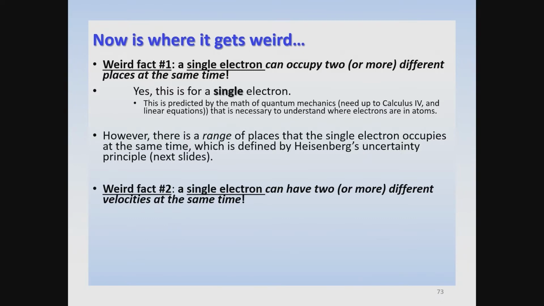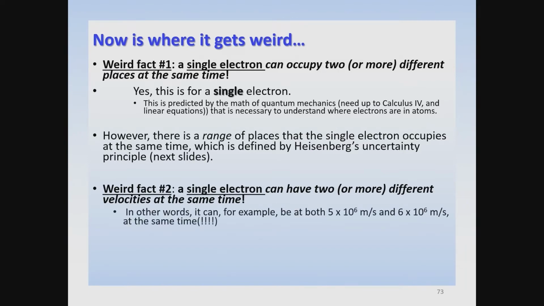Now here's weird fact number two. Not only can an electron occupy multiple places at the same time, it can have different speeds or velocities at the same time. In other words, you can have the same electron going at 5 times 10 to the 6 meters per second, but it also may be going at 6 times 10 to the 6 meters per second.